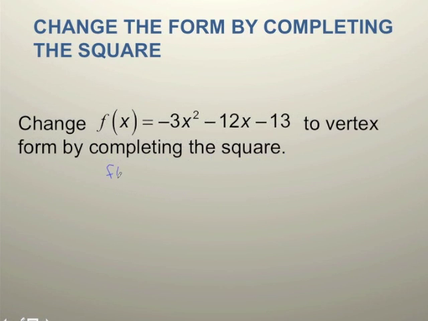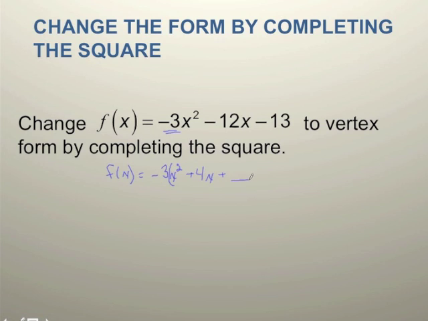Now, when we get a case where a is not 1, we're going to factor that negative 3 out of the first two terms. What do you take times negative 3 to get negative 12x? That will be plus 4x.